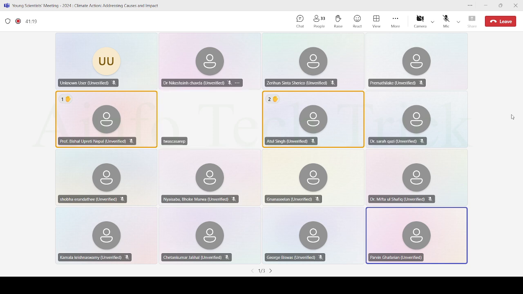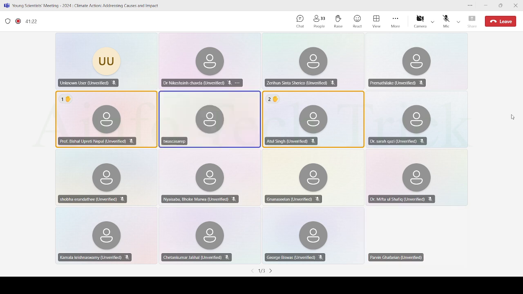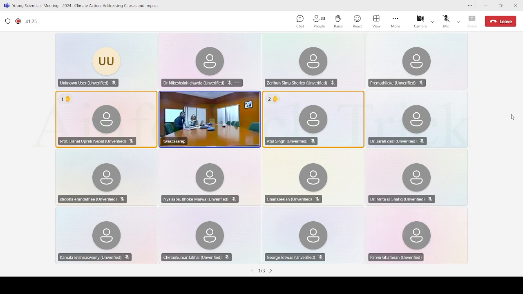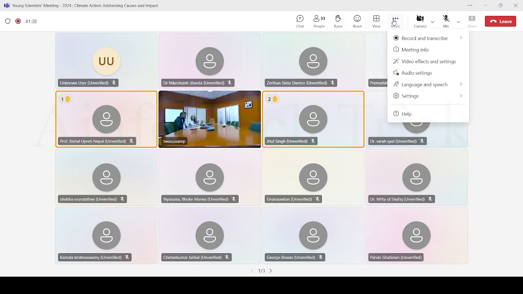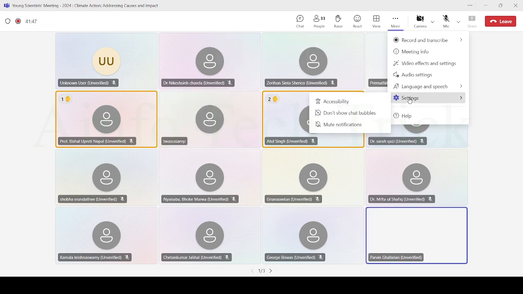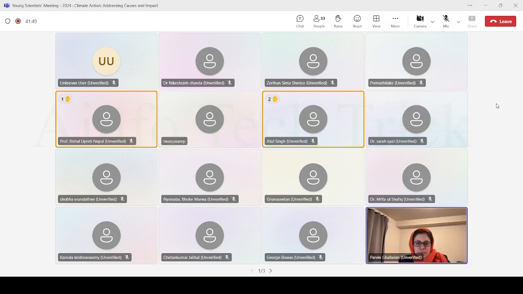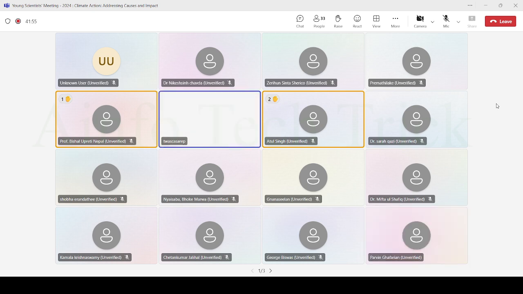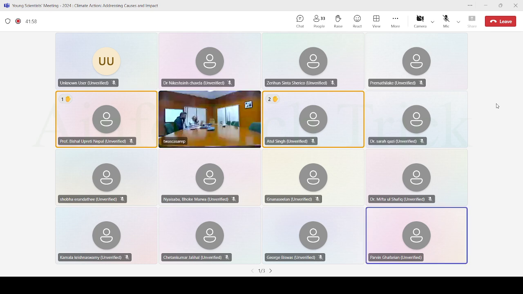Sorry, I can't share my desktop. Can you see it on the right-hand side? Have you connected through browser or the application?